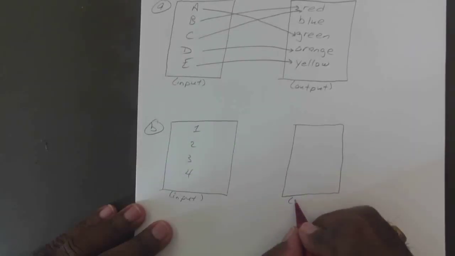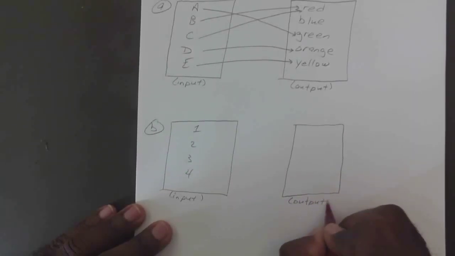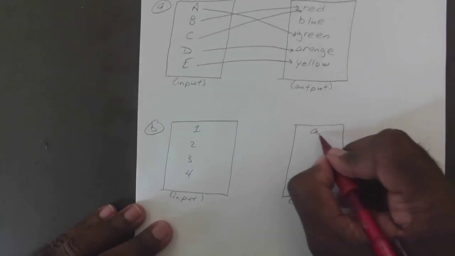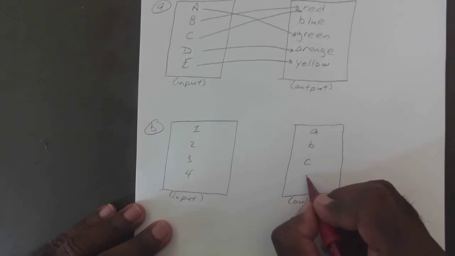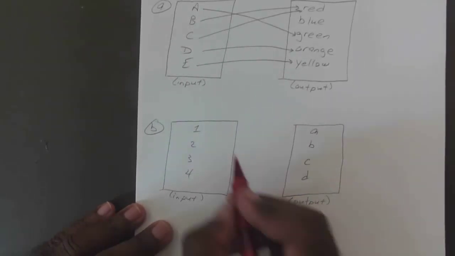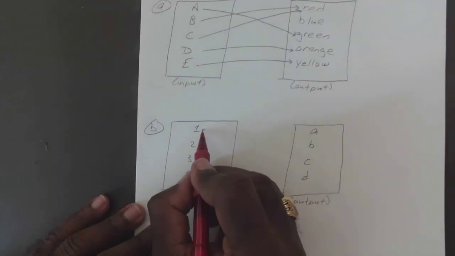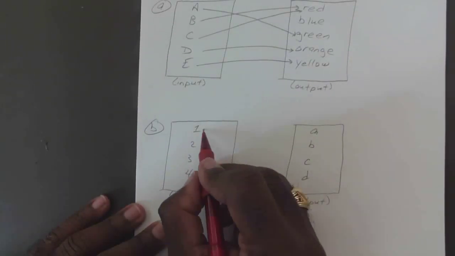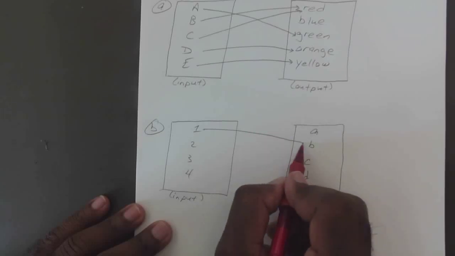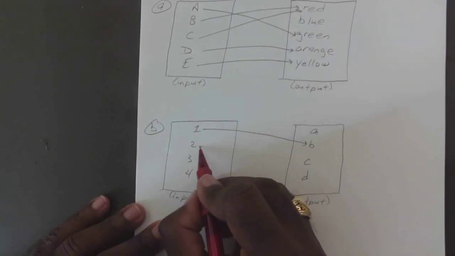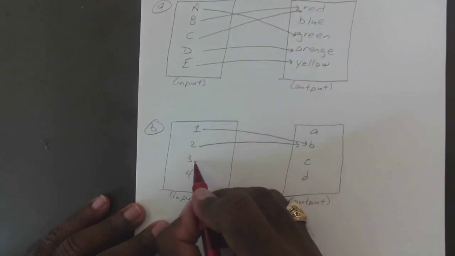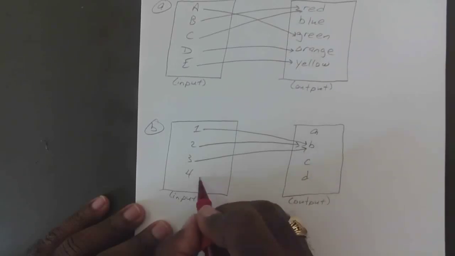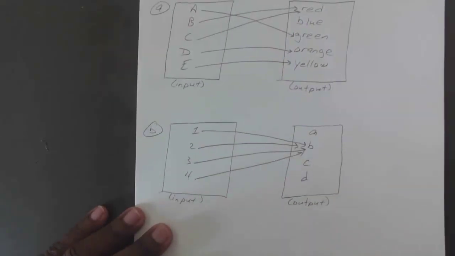And for your output, you have A, B, C, and D. Let's say this goes here, this goes here, this goes here, this goes here.